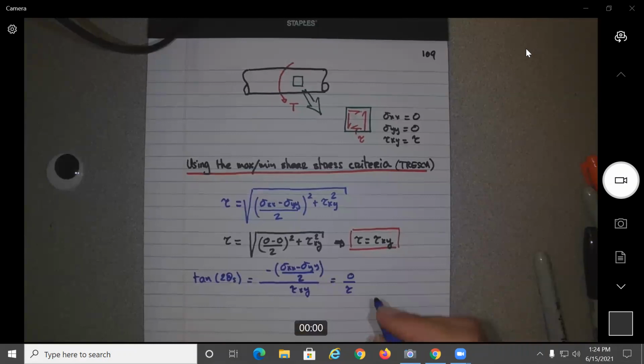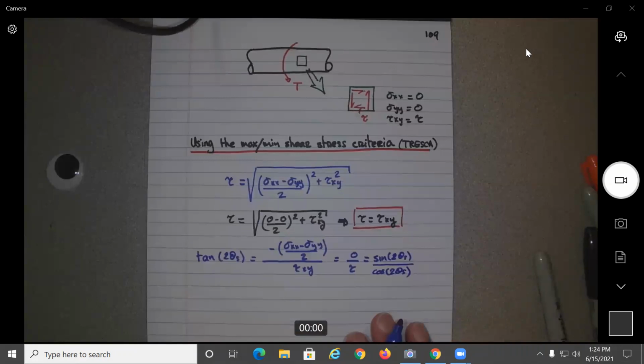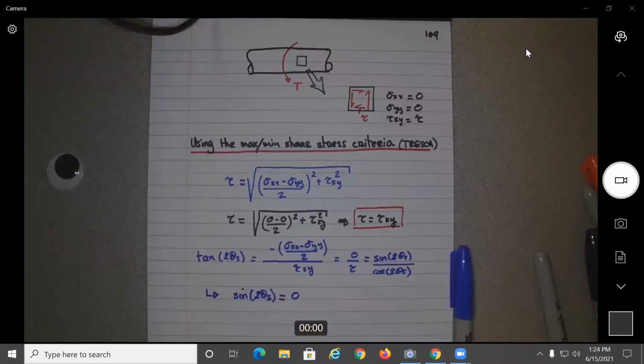And remember, this is the same as sine 2 theta s over cosine 2 theta s. So basically it means that what we need to solve is sine 2 theta s equal to 0.